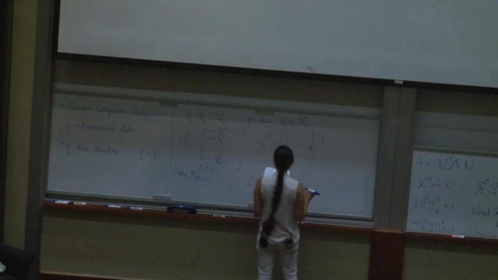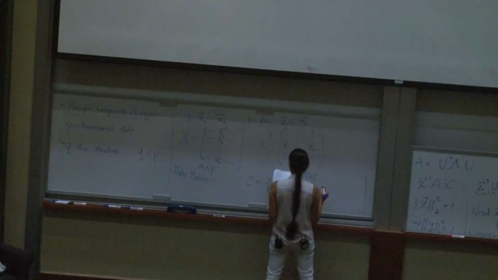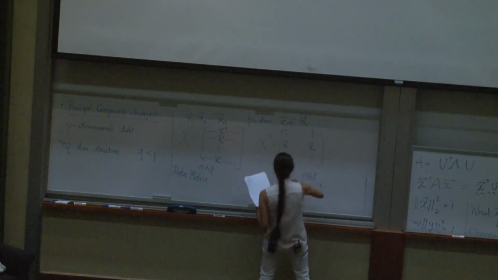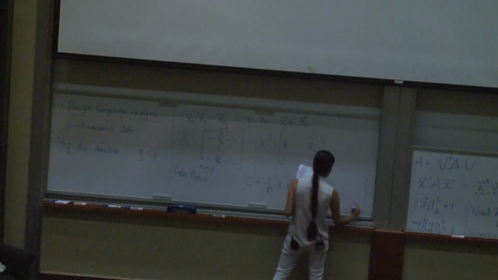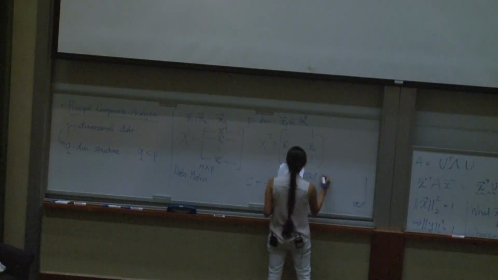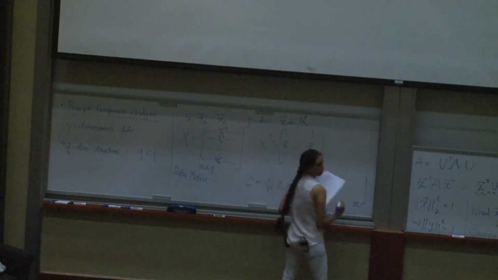So what I'm going to get is basically the norm squared along the diagonals. Sorry, I want XX transpose. And here I'm going to get so on and so forth.